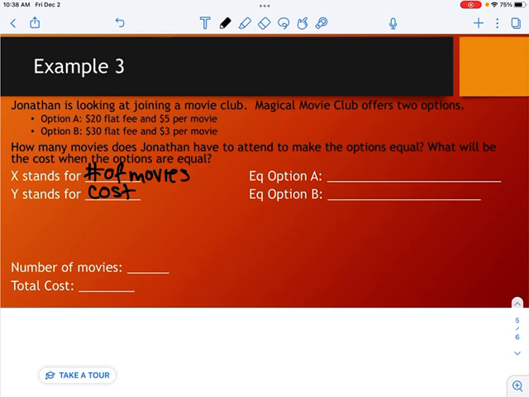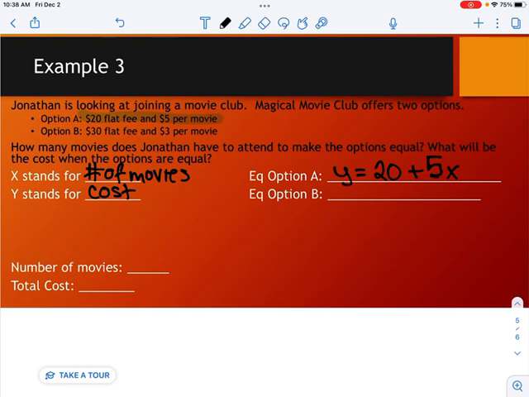Okay, so let's go through the options here. Option A, the cost is going to equal a $20 flat fee. So no matter what I do, I'm going to pay $20 plus $5 per movie. Per movie means we're going to multiply.